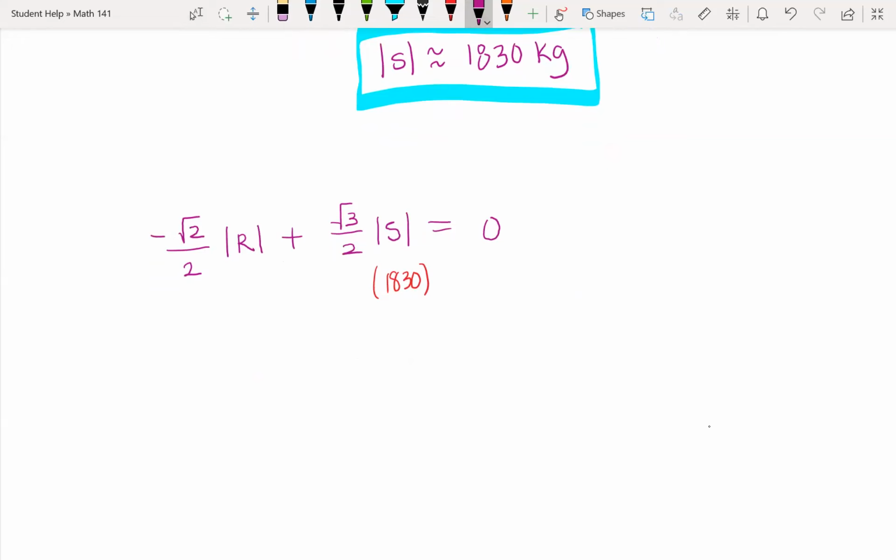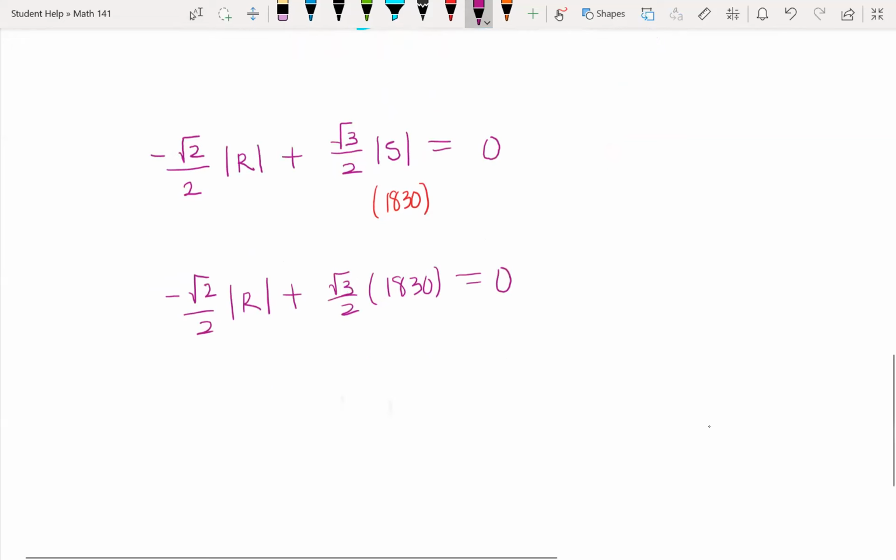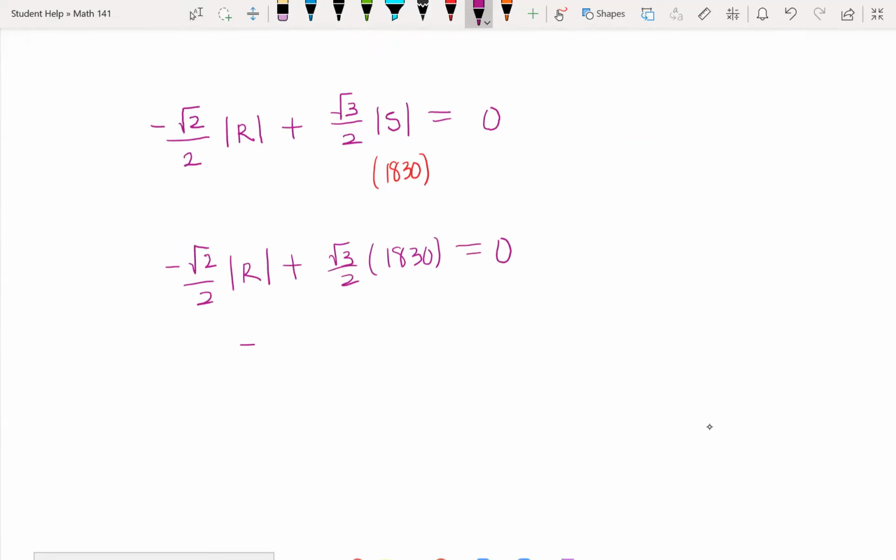So I have negative root 2 over 2 R plus root 3 over 2 times 1830 equals 0. Negative root 2 over 2 times R equals negative root 3 over 2 times 1830.